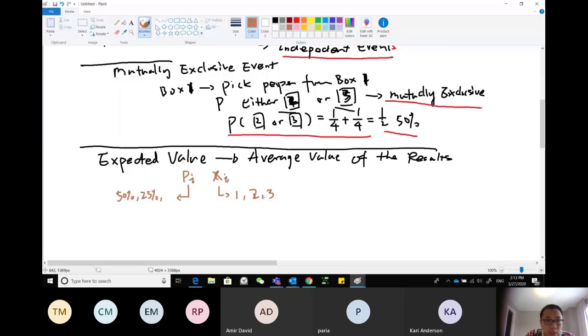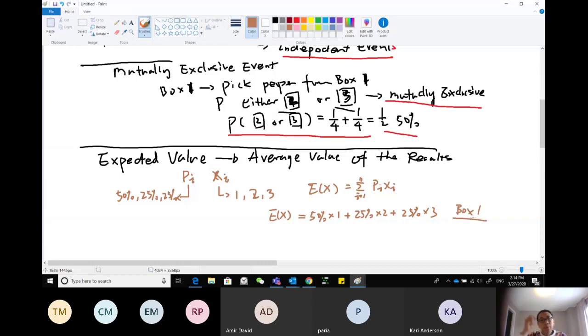And for getting 3 is also 25%, okay? So our expected value equals the sum of i equals 1 to n, p_i times x_i, right? Taking this equation, that will be 50% times 1 plus 25% times 2 plus 25% times 3, right? So this is our expected value here for box 1.